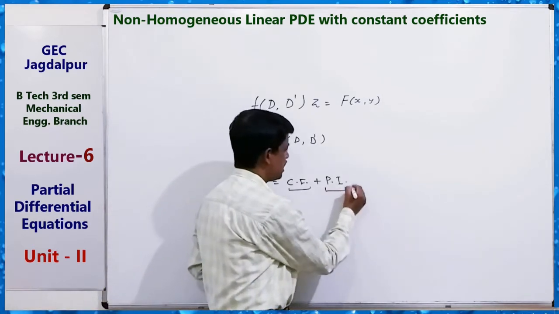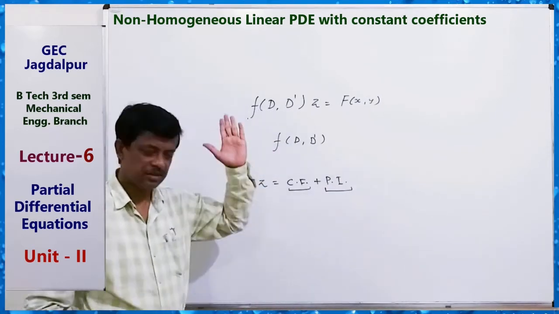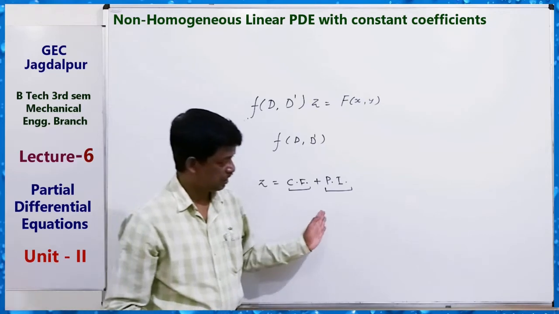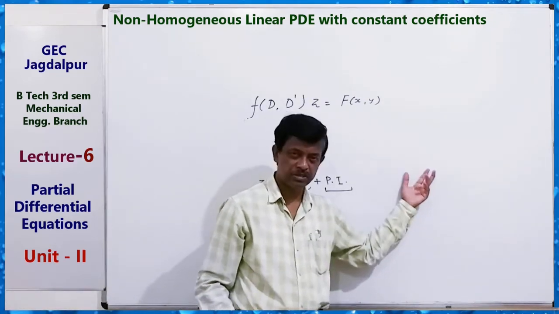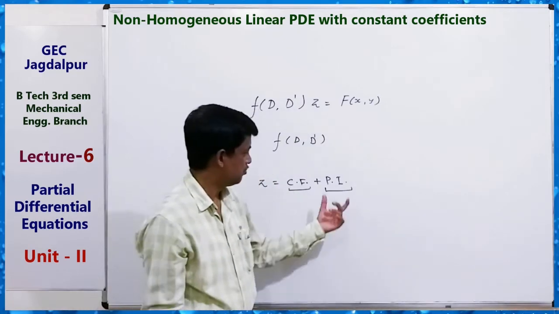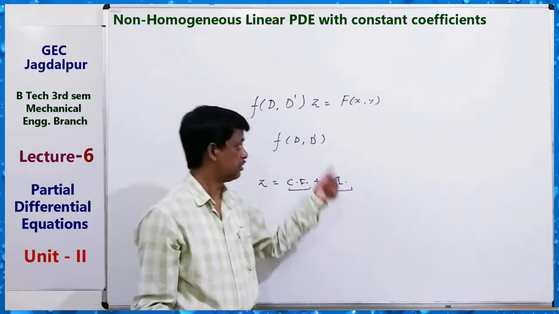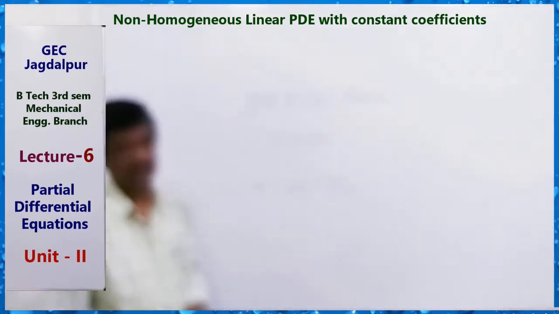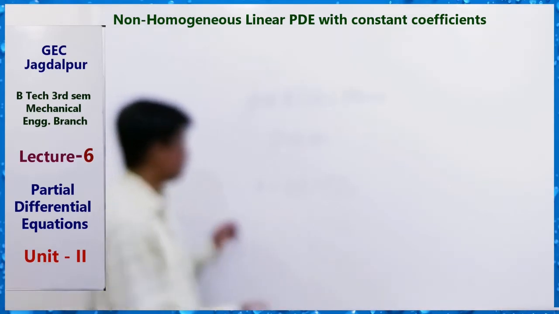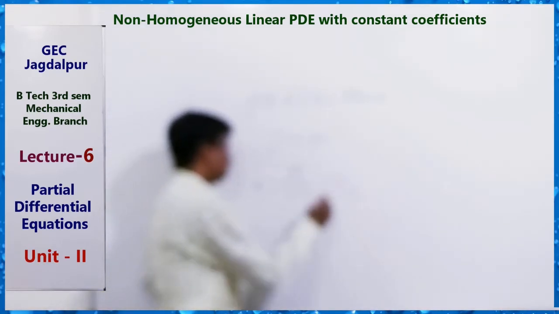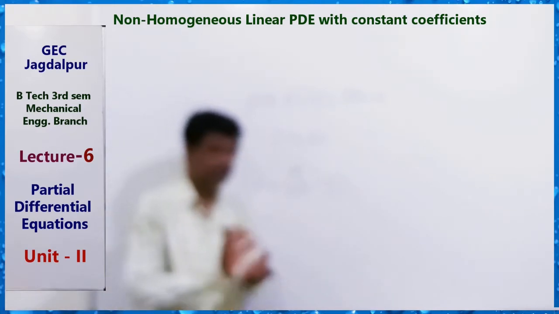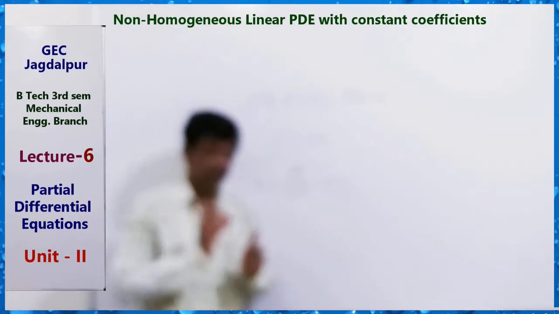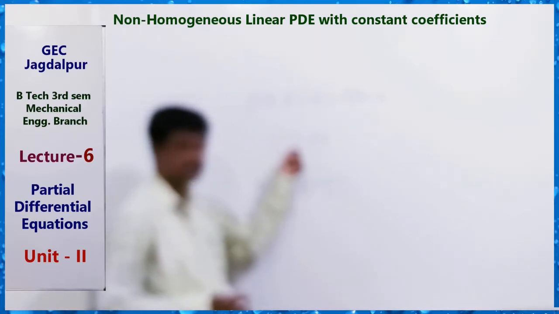PI follows the same rules as we know. There are some special rules and some general rules. All rules are followed for finding PI for this non-homogeneous partial differential equation. But for finding CF, there is a different formula, because this is not homogeneous.